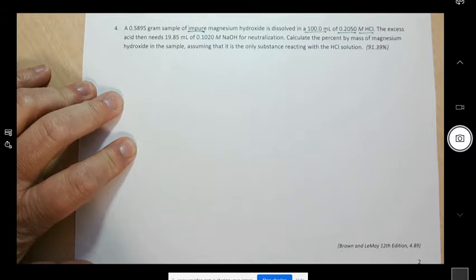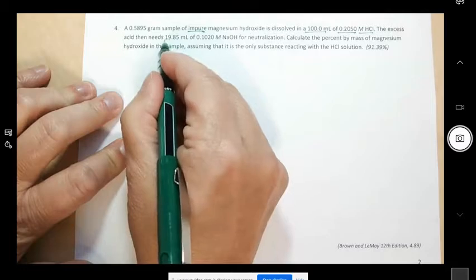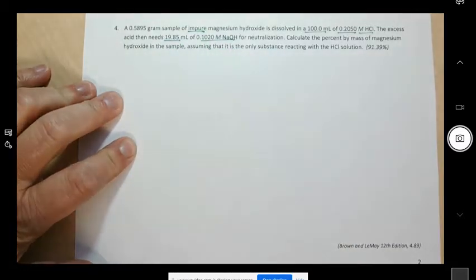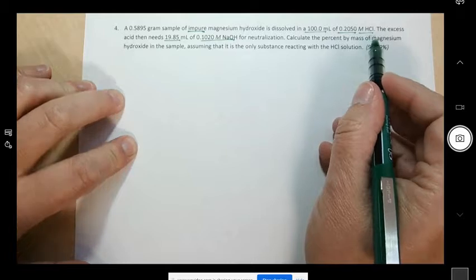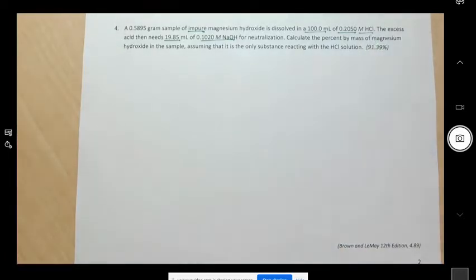The excess acid is then going to be neutralized by adding some sodium hydroxide. So basically, you're going to dissolve it in the HCl, but some of the HCl is going to be in excess. And so you're going to add some sodium hydroxide to that to neutralize it.